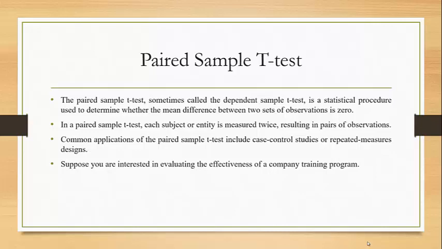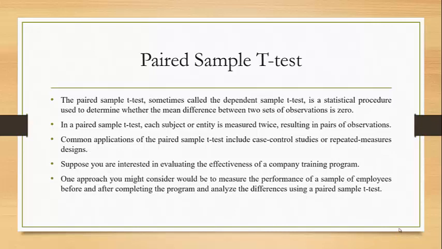Viewers, when we talk about paired sample t-test, as its name suggests, we use the same entity data and we measure it twice. For example, if you are checking the effect of a training program on a group of employees, let's say you have 10 employees and you want to give them a training and then check the impact of training on those 10 employees. So in this case, you can measure the performance before giving them a training and the performance after giving them a training.